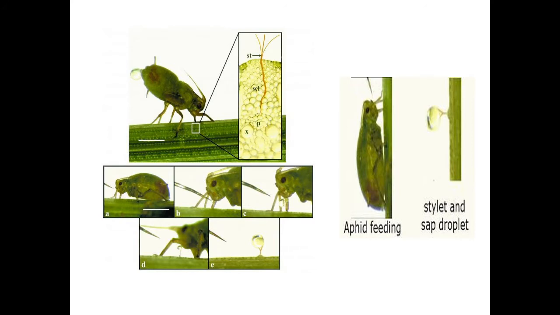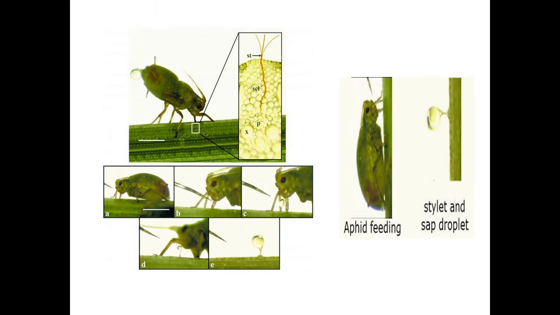These sugary substances are drawn by aphids. They use their stylet. They pierce their stylet into the sieve tubes of the phloem, and they draw the sugary substances. So they puncture the sieve tube.